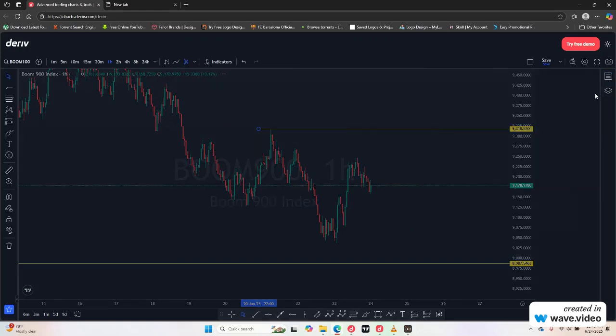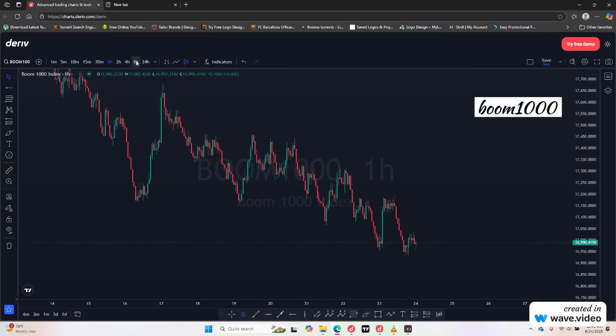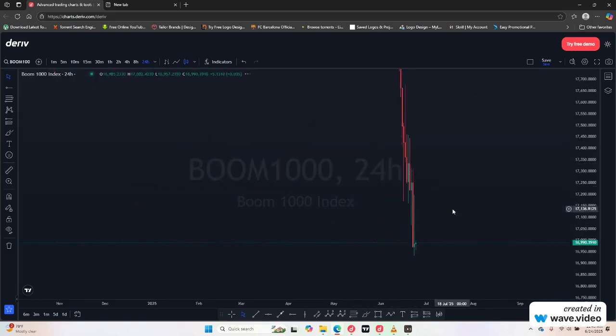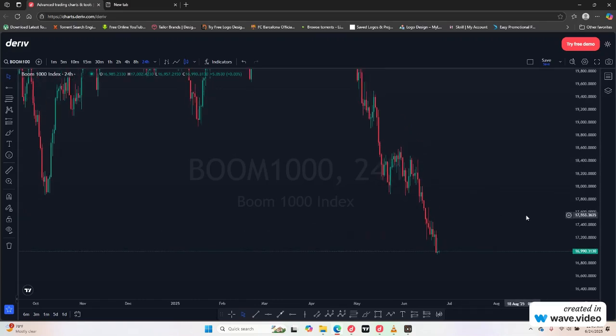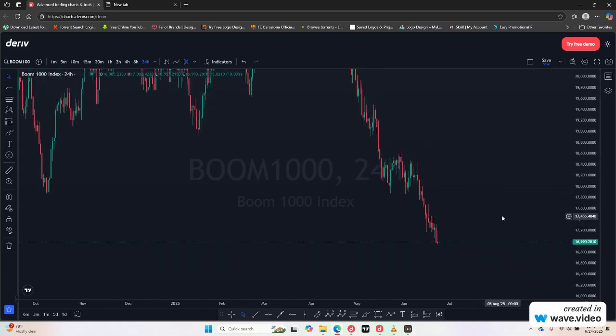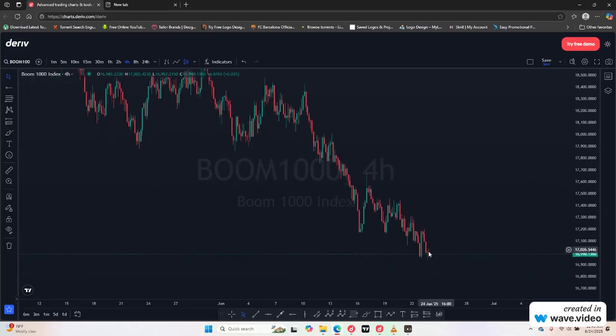On the Boom 1000 index, the market is actually drifting to the downside. On the 4-hour you can see how this market is creating a series of lower lows and lower highs. It's very simple. On the 4-hour time frame, you can see there is a candlestick formation forming around here.